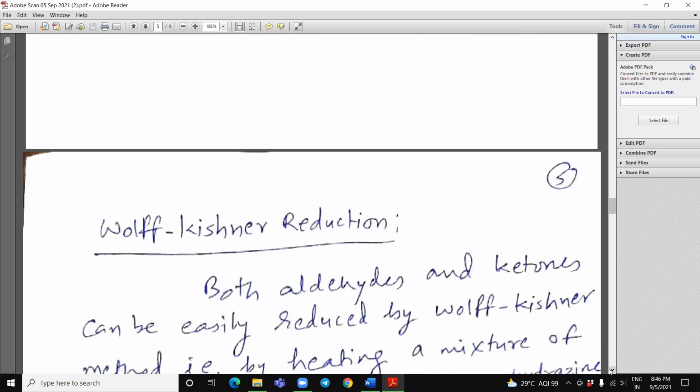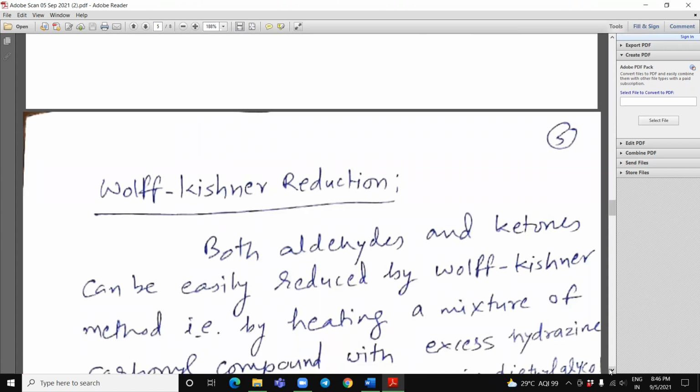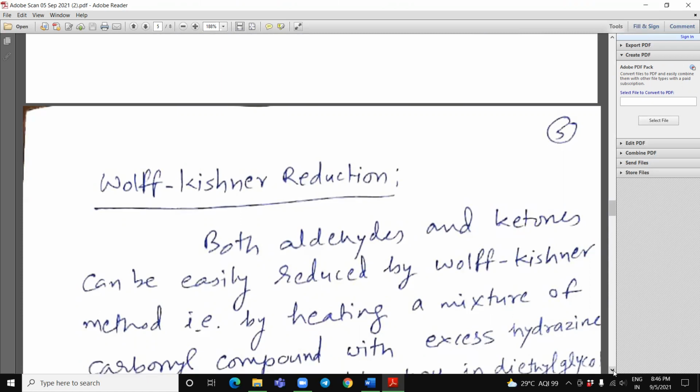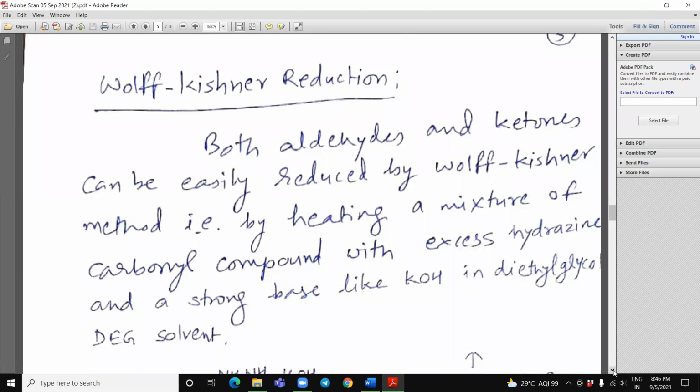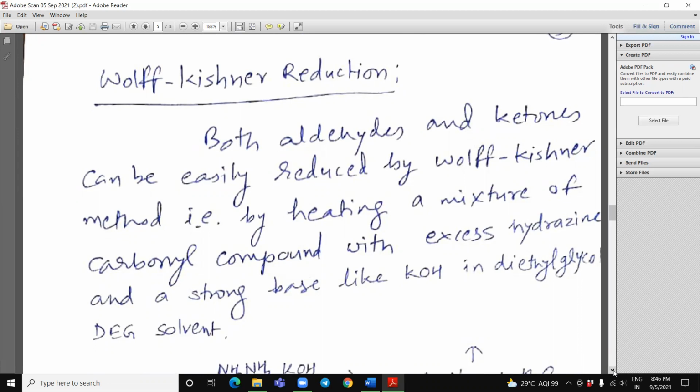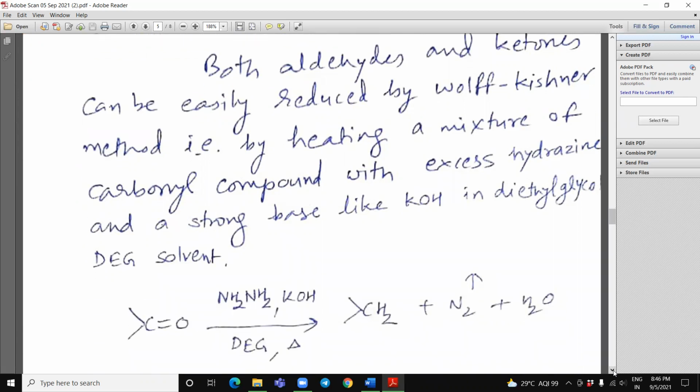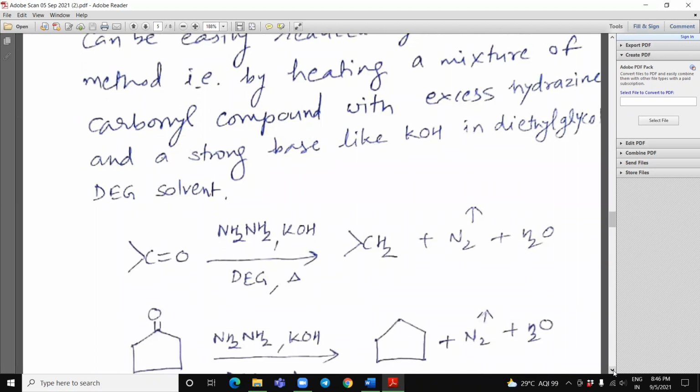Next reduction reaction, Wolff-Kishner reduction. Both aldehydes and ketones can be easily reduced by the Wolff-Kishner method, that is by heating a mixture of carbonyl compound with excess hydrazine and a strong base like KOH in diethylene glycol.